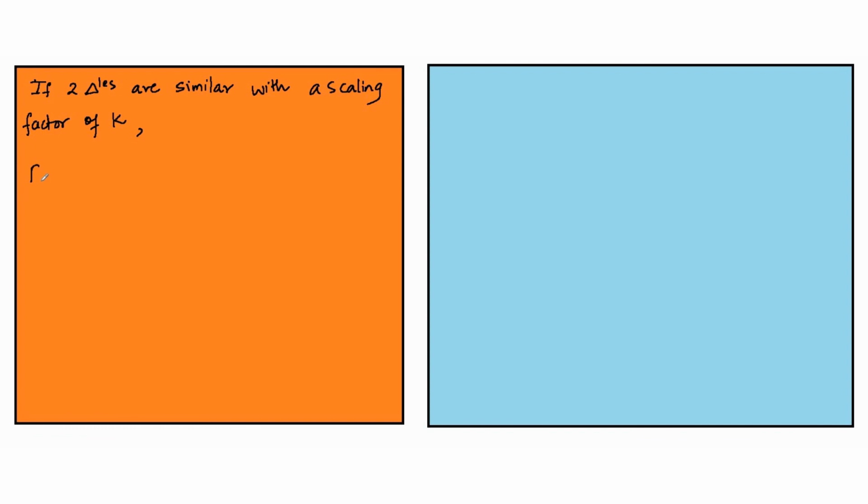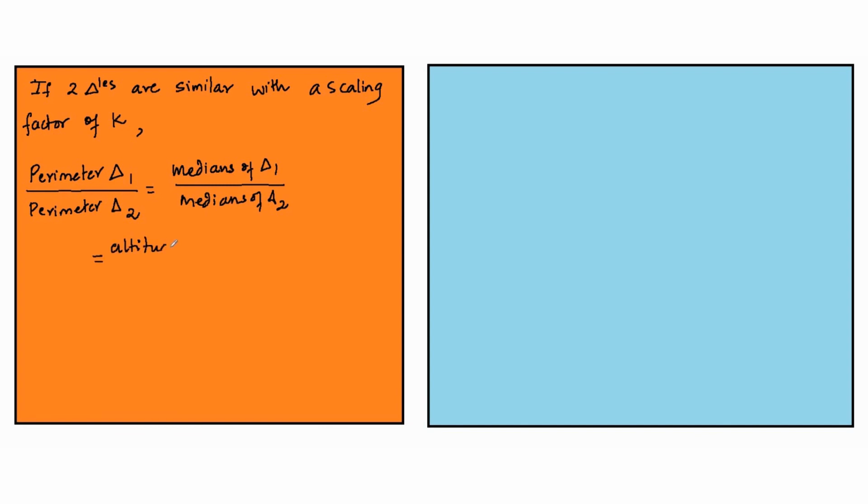then the ratio of their perimeters, perimeter of triangle 1 divided by perimeter of triangle 2, is equal to the medians of triangle 1 divided by the medians of triangle 2, and it is important that you pick the corresponding medians, is equal to the altitudes of triangle 1 upon altitudes of triangle 2, which is equal to the angle bisector of triangle 1 by angle bisector of triangle 2.